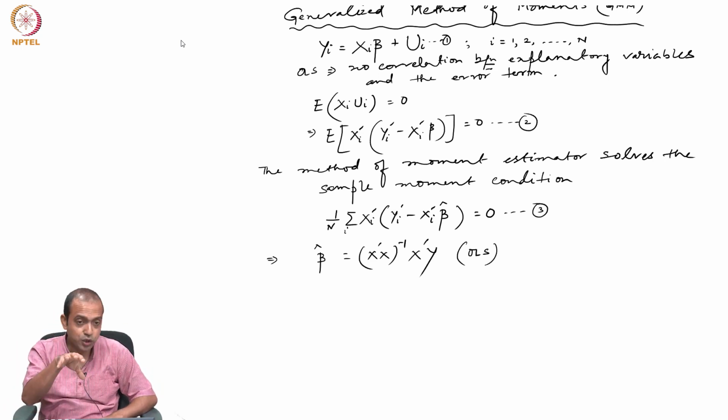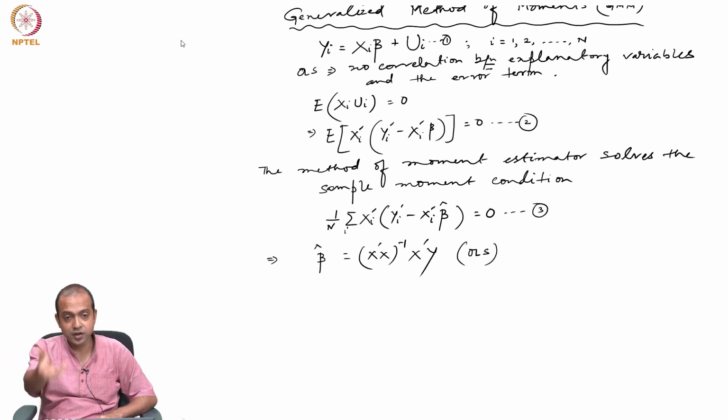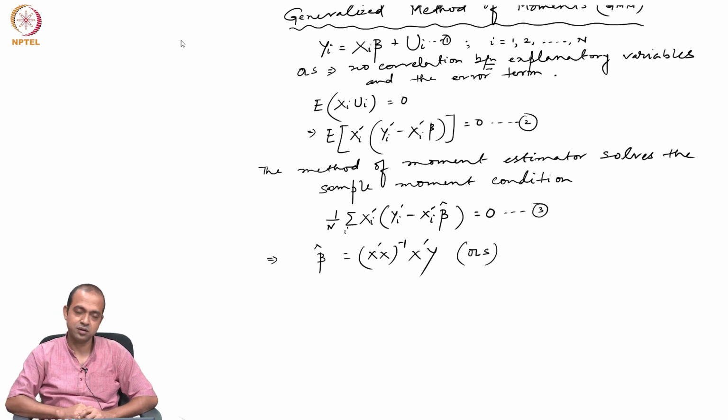We will show you what is the nature of the bias when we apply OLS in a dynamic panel data model, what is the nature of bias when we apply fixed effect, and first difference in the dynamic panel data model.